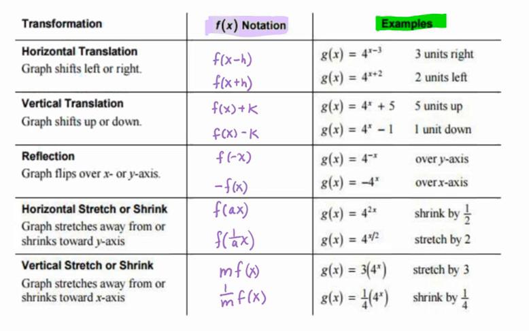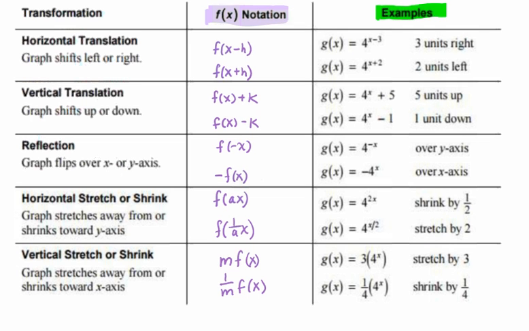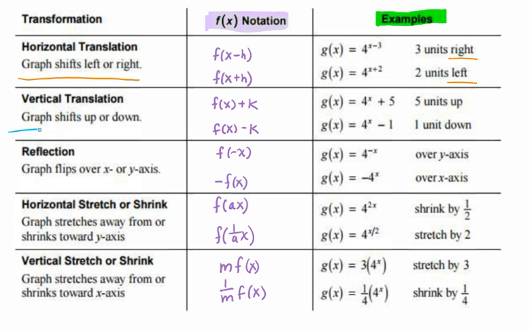When we're talking about a horizontal translation, meaning that it shifts our graph either to the left or to the right, you're going to see that again we have a minus sign for the right and a plus sign for the left. When we're looking for shifts up and down, notice our k value is a plus for up and a minus for down, and it's in the back. It's not in the exponent like our h was.